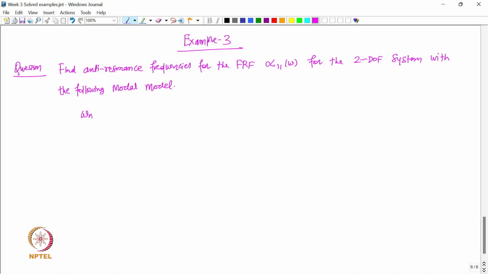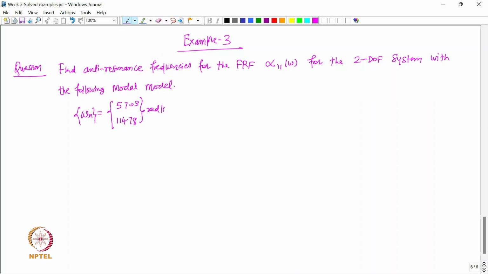So, omega n is given as 57.03 and 114.78.